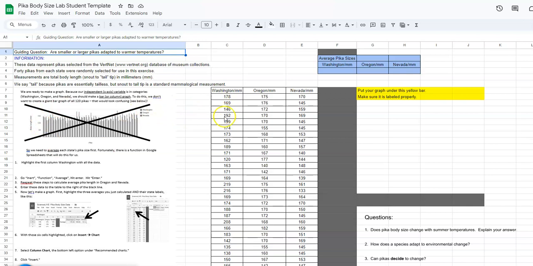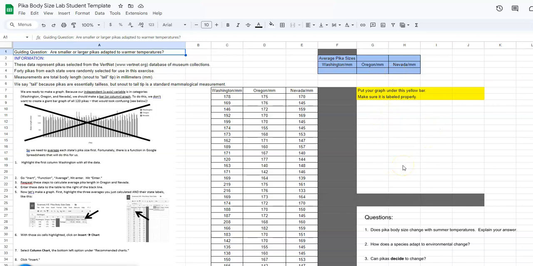So we've got all of the lengths of these pikas from Washington, from Oregon, and from Nevada. You're going to follow these instructions to get an average value for each. You're going to generate this small table here with your average values, and then you're going to make a graph out of this table to put here.